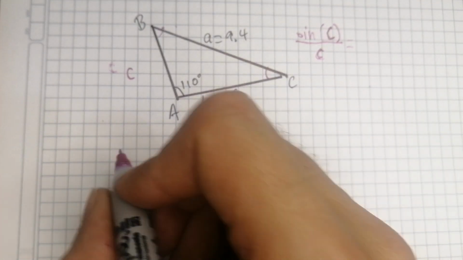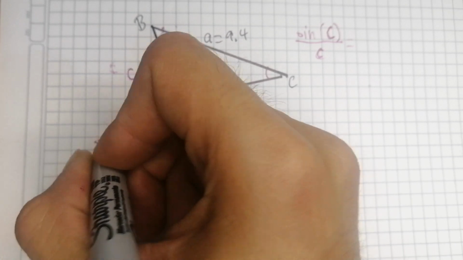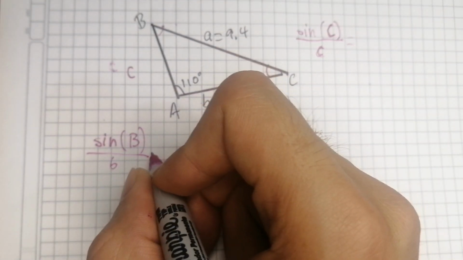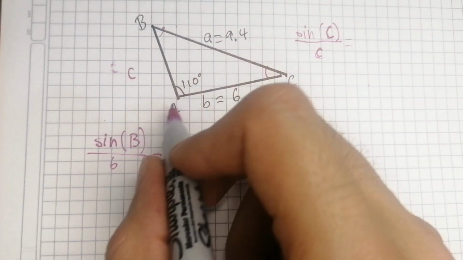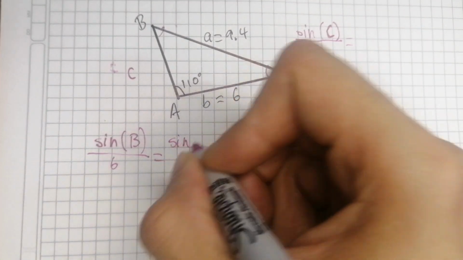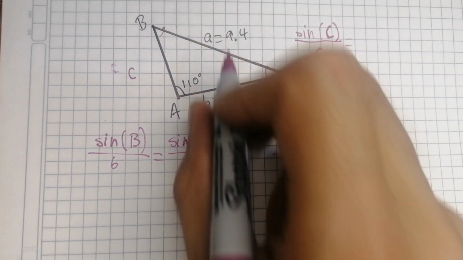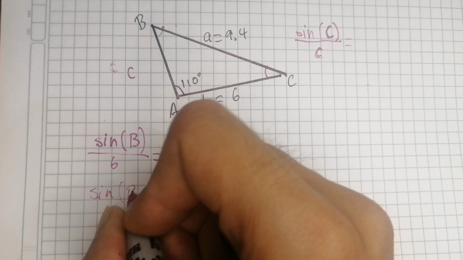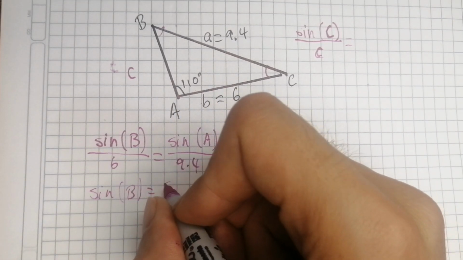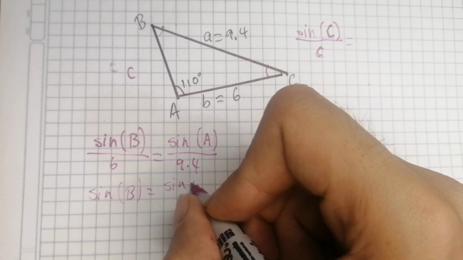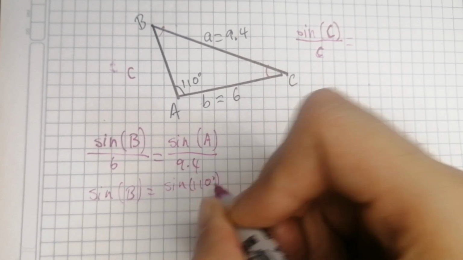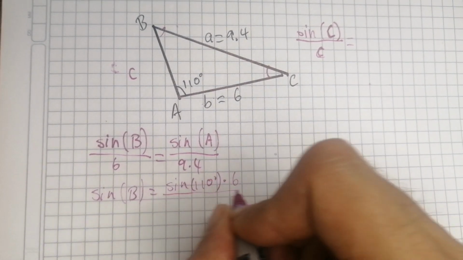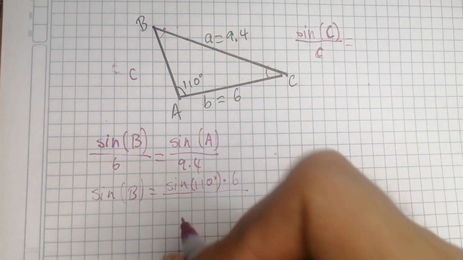So we have that the sine of B divided by 6, that is the value of lowercase b, is equal to the sine of capital A divided by the lowercase a, that is 9.4. We clear the sine of B, and we have that the sine of B is equal to the sine of A, that is 110 degrees, times this 6 that passes to multiply on this other side, divided by the 9.4.